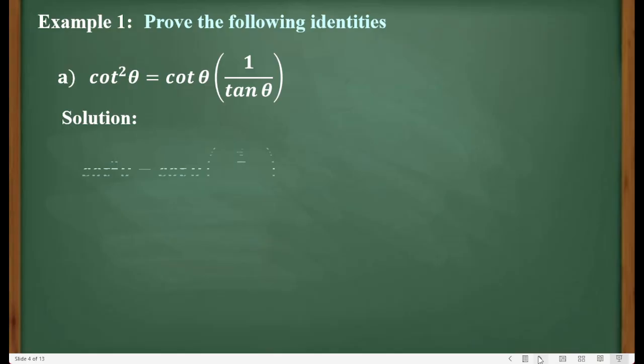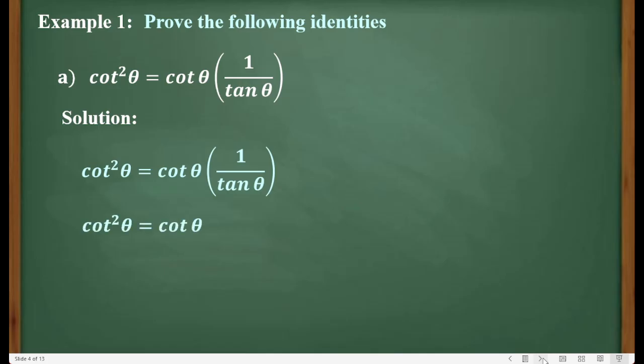So, solution. Let us rewrite the given identity. We have cotangent squared theta equal to cotangent theta times the quantity, and we replace the 1 over tangent theta inside the parentheses with its equivalent, which is cotangent theta.